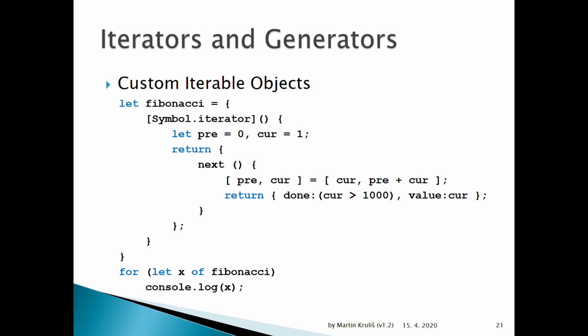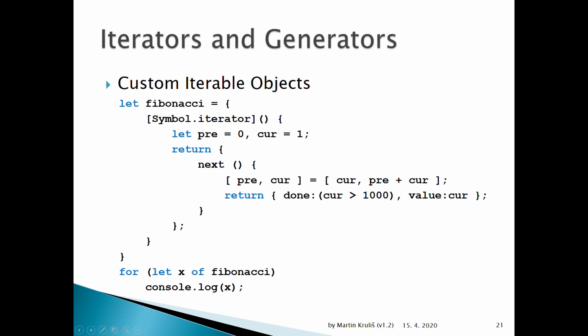In this particular example, we demonstrate how to use iterators to generate numerical sequences. In this case, we are generating the Fibonacci sequence, as the name of the object suggests. As you can see, to make this particular object iterable, we have to provide this property with this symbol as a name, which is a shorthand syntax for declaring a method, and we provide the body of this function.